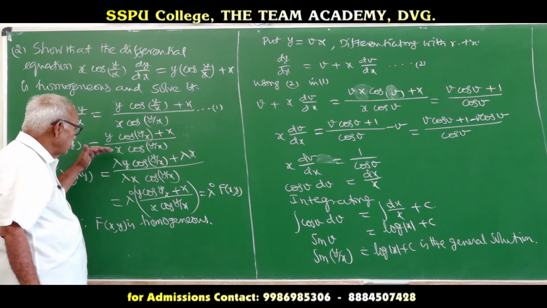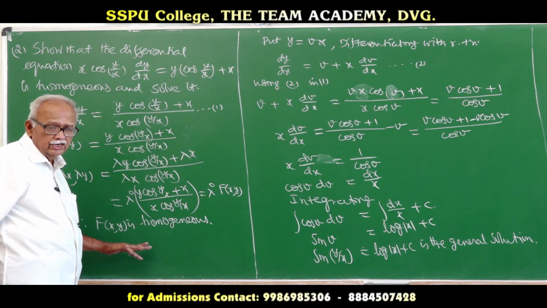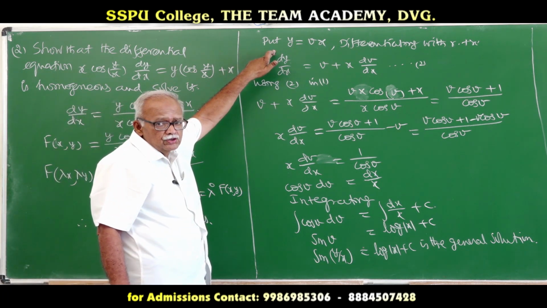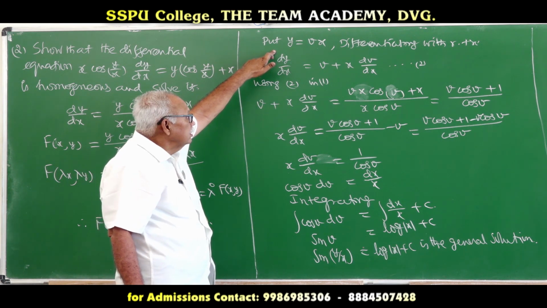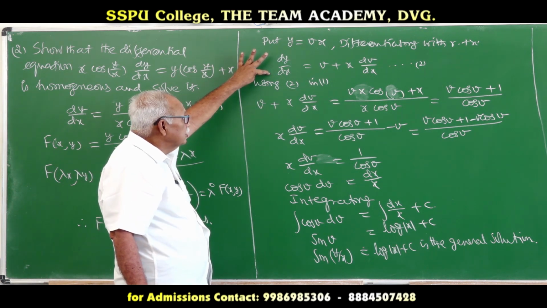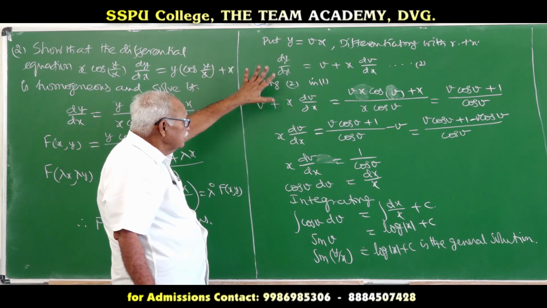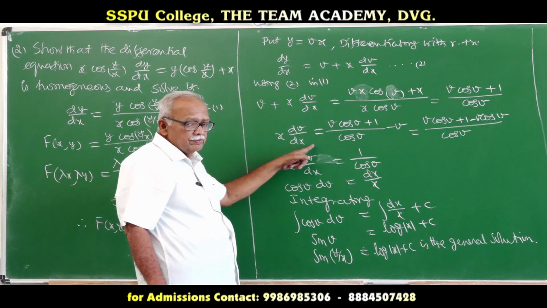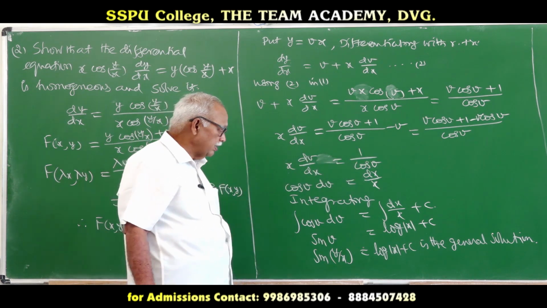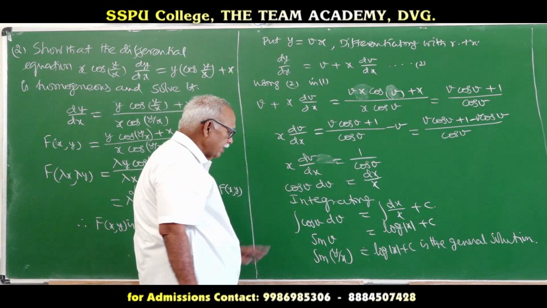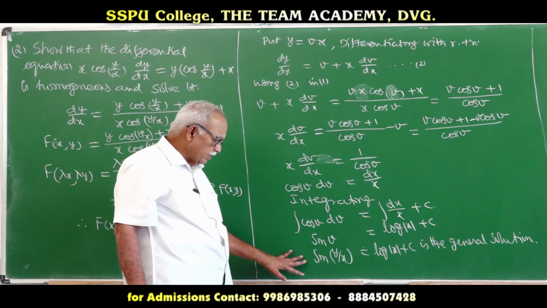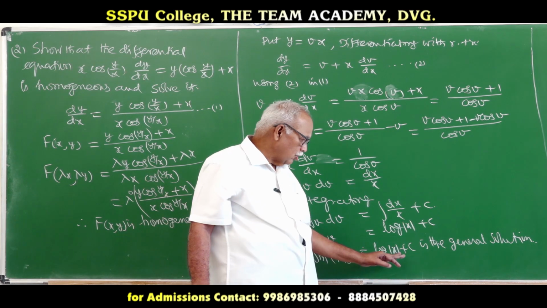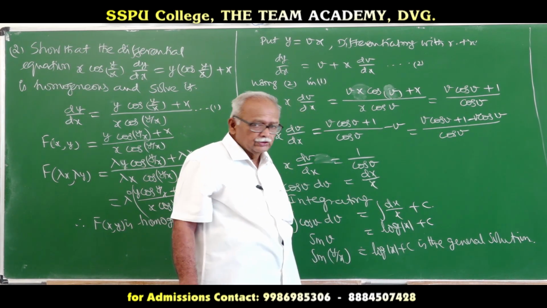You can see, first we proved that it is homogeneous, and then we put y is equal to Vx, so dy by dx is equal to v plus x dv by dx. Substitute in 1 and simplify, we directly arrive at x into dv by dx is equal to 1 by cos v. Then variable separable and integration, the steps are like this. So, sin of y by x is equal to log mod x plus c is the general solution.